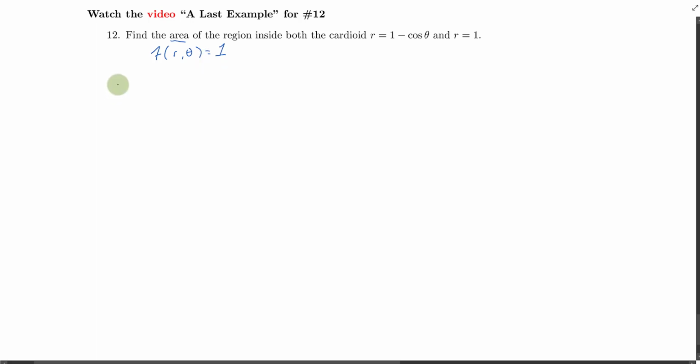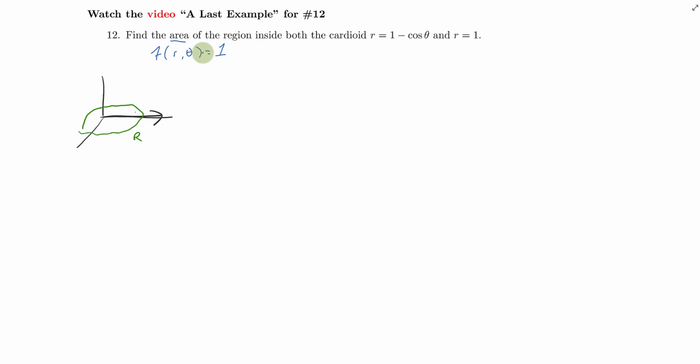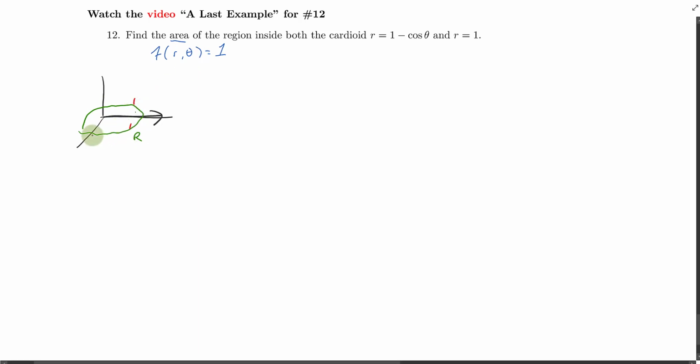And the way you can think of that is if we take the polar plane with the z-axis coming out of here, so pretend this is our polar plane. If we took some region in the polar plane, and then we looked at the function that lies above it, the function 1, then this function would just simply be a shape that looks like this.